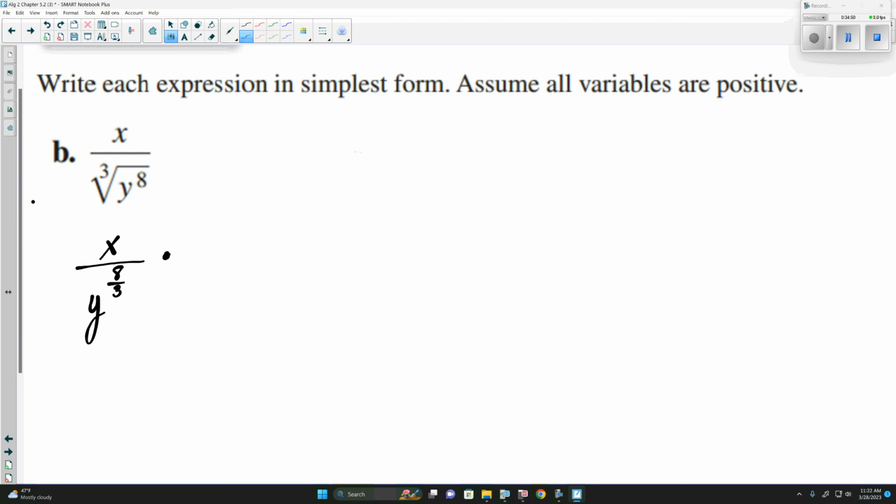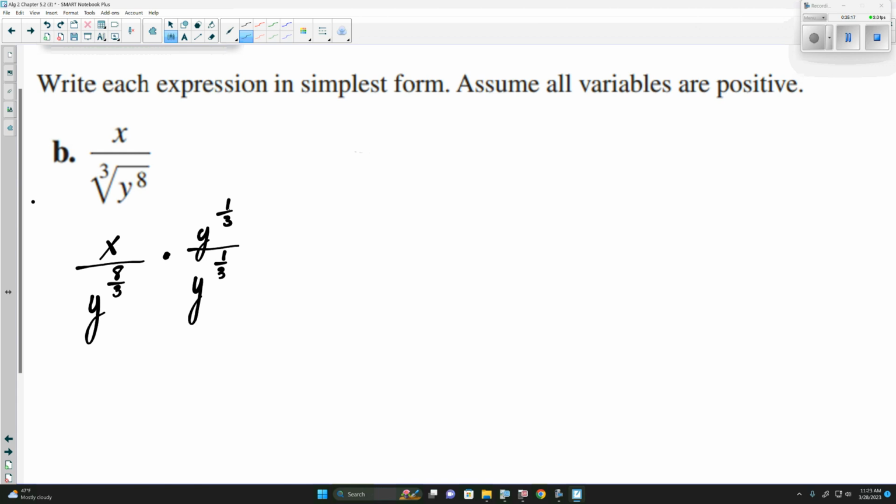So, how many more y's do we need to get there? Because we're going to multiply top and bottom by y over y. And whenever we multiply like bases, we add the exponents. So we need both of these to be thirds, our cubed roots. We would need 1/3.